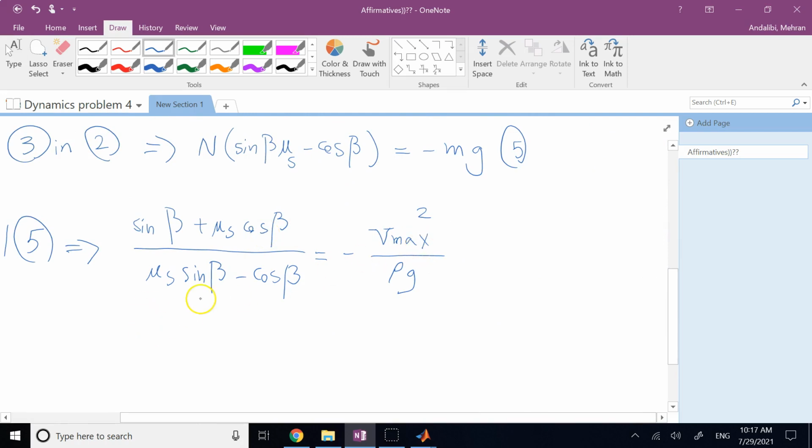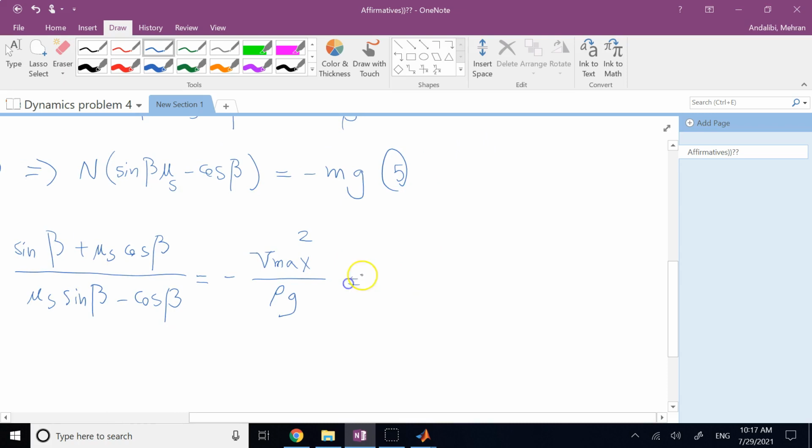So clearly from here, if I want to solve for Vmax, Vmax is going to be the square root of, so I multiply the left hand side by rho g and provide the negative on the left side, which will negate the denominator. And if I do that, it is going to be rho g times sine beta plus mu s cosine beta, and then it's going to be cosine beta minus mu s sine beta.